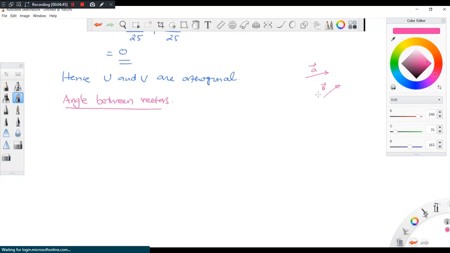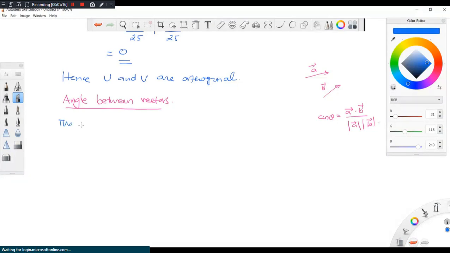How do you define the angle between these two vectors? The angle between two vectors, cos theta is equal to A bar dot B bar divided by modulus of A bar and modulus of B bar. Okay, the same thing you are doing here. In the tensor, you replace the definition of modulus and the A dot B with the inner product, and you modify the definition. That's all.